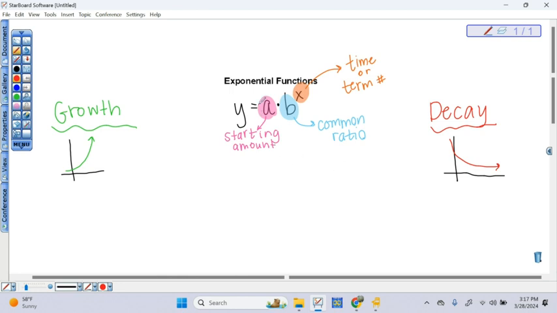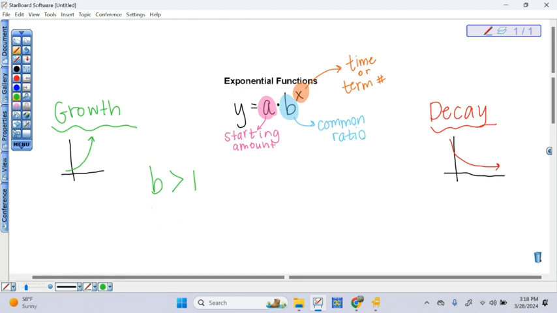There's a part of the equation, y equals ab to the x, that changes depending on whether we're looking at growth or decay. Which letter changes, A, B, or X? B, good. For our growth equations, B is always going to be greater than 1.